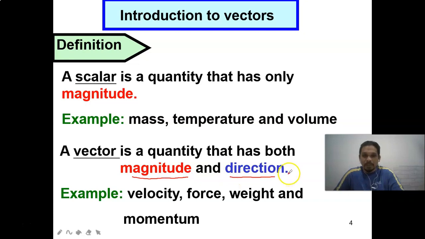Meaning, direction here tells us where the vector is moving, to the left, right, or from one point to another point. Okay, so as you see here is an example: velocity, force, weight, and momentum.